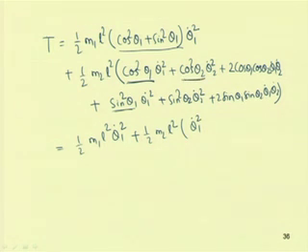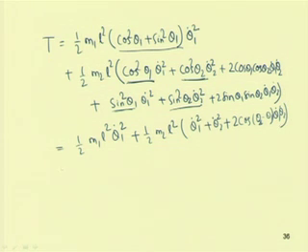Similarly, cos square theta 2 dot square plus sin square theta 2 dot square reduces to theta 2 dot square. And these cross terms, 2 times cos theta 1 cos theta 2 plus sin theta 1 sin theta 2, multiplied by theta 1 dot theta 2 dot, become cos of theta 2 minus theta 1 times theta 1 dot theta 2 dot.